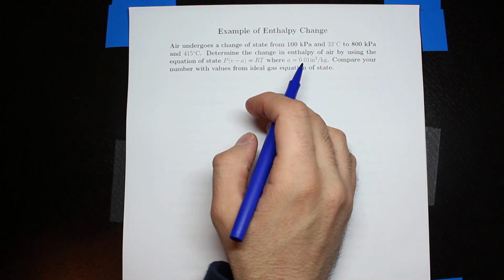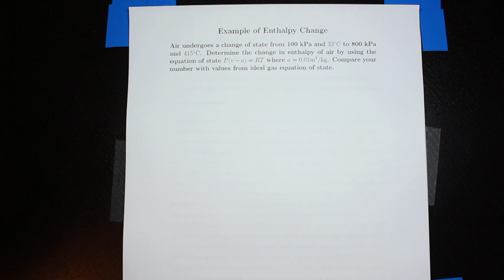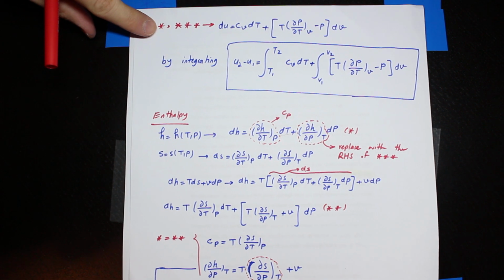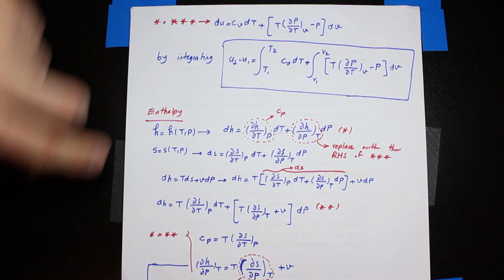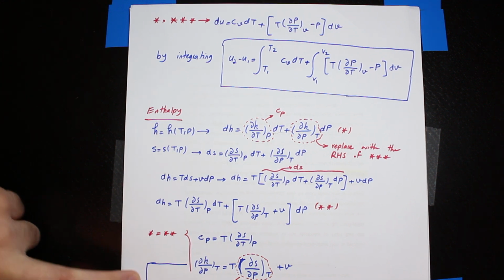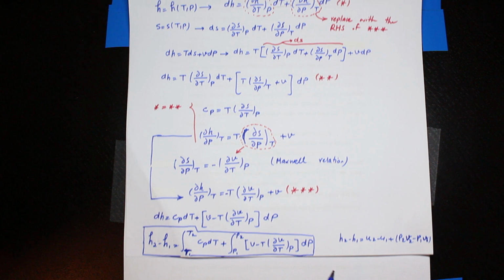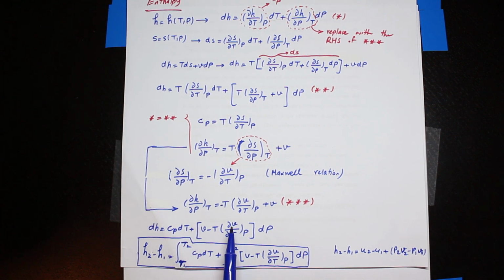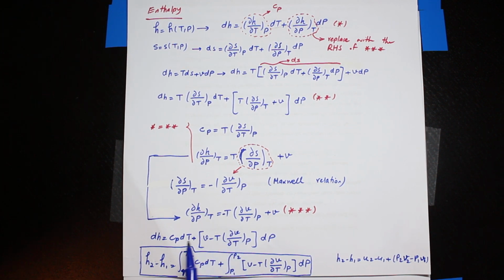Okay, so in order to solve this problem, I'm gonna utilize one of the correlations we had in another video about the discussion we had in enthalpy, and this is the equation that I am going to use. So I'm going to use dH is equal to Cp dT plus the rest of the equation, this one.